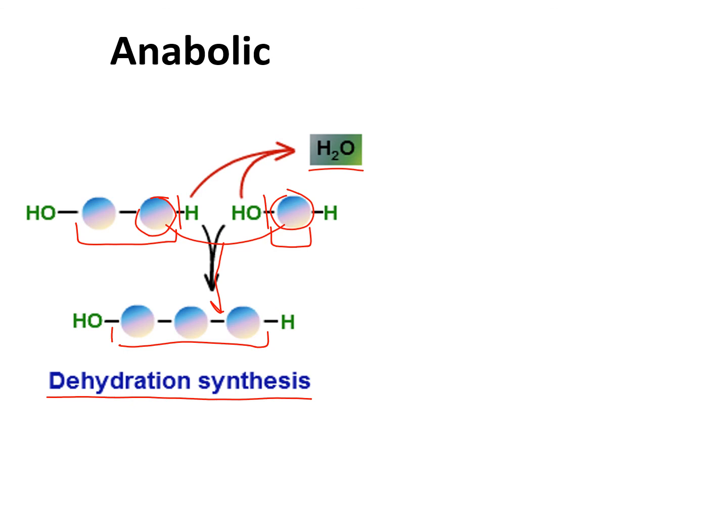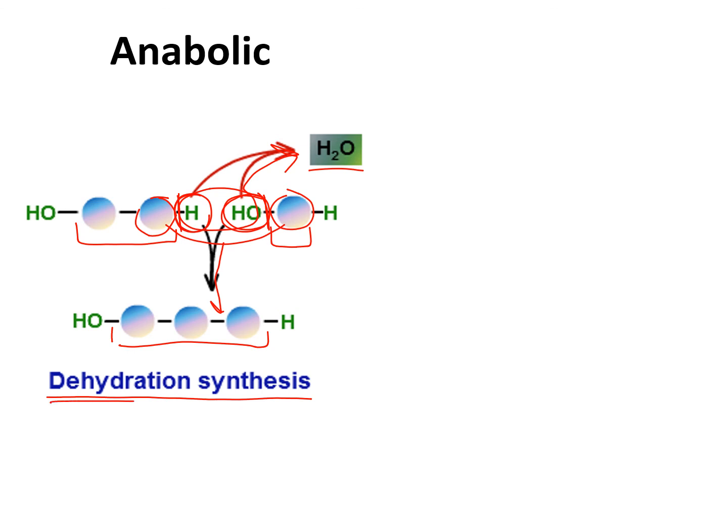So in order to link them together, you need to break 2 pre-existing covalent bonds. So one subunit is going to release a hydrogen, one is going to release a hydroxyl, and then those 2 will come together to form a molecule of water. So that's a dehydration synthesis reaction.